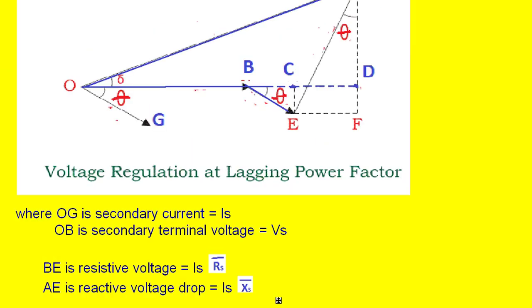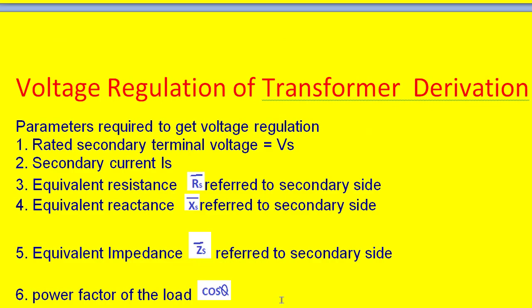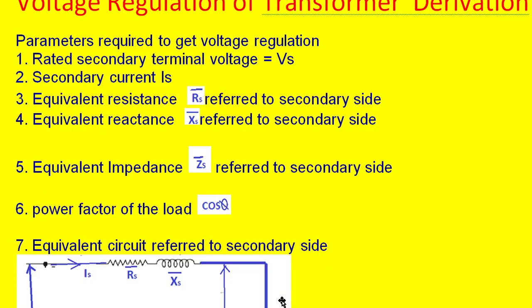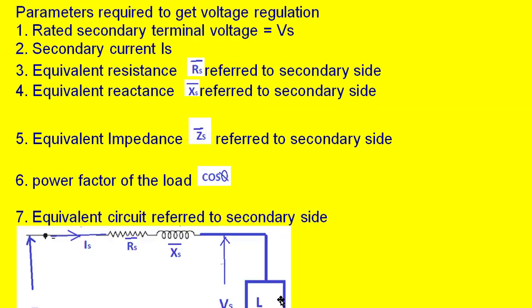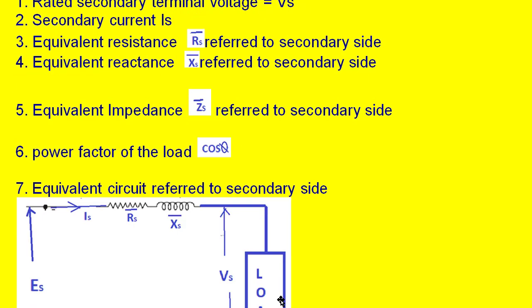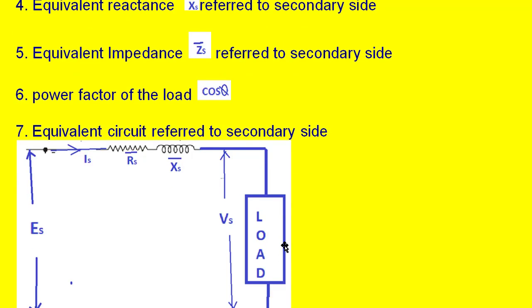So to derive the voltage regulation of the transformer equation, we should know what is the load type, whether it is a unity power factor load or lagging load or leading load, and what is the load terminal voltage under loaded condition.